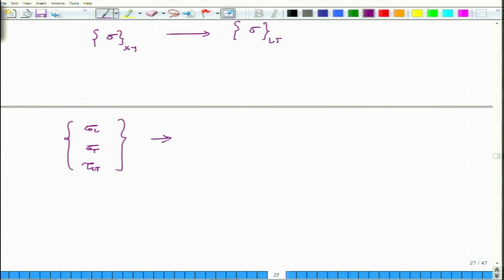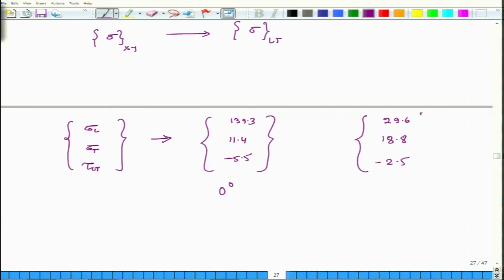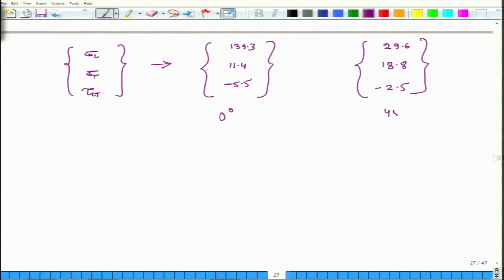This is equal to 139.3, 11.4 and minus 5.5 for 0 degrees, and for 45 degrees this is 29.6, 18.8 and minus 2.5. Once again, the stress in both the 45 degree plies is the same because there is no curvature.